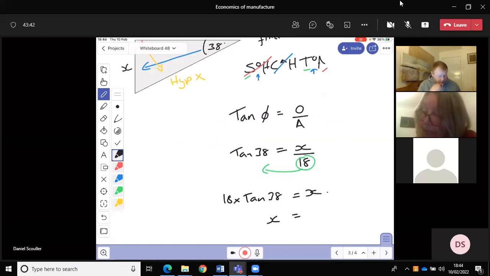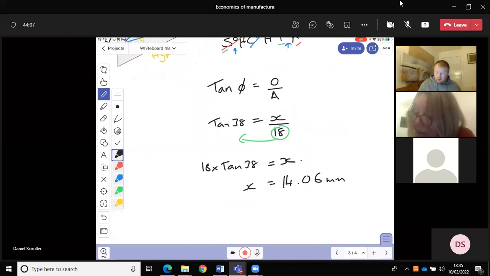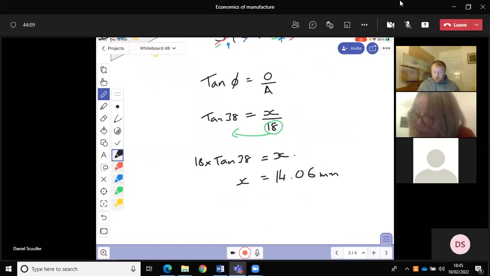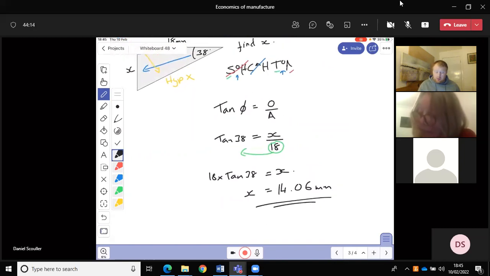Putting that in your calculator, you're obviously using the tan button this time. So 18 multiplied by tan 38, getting 14.06 to 2 decimal points. And it's millimeters the units.